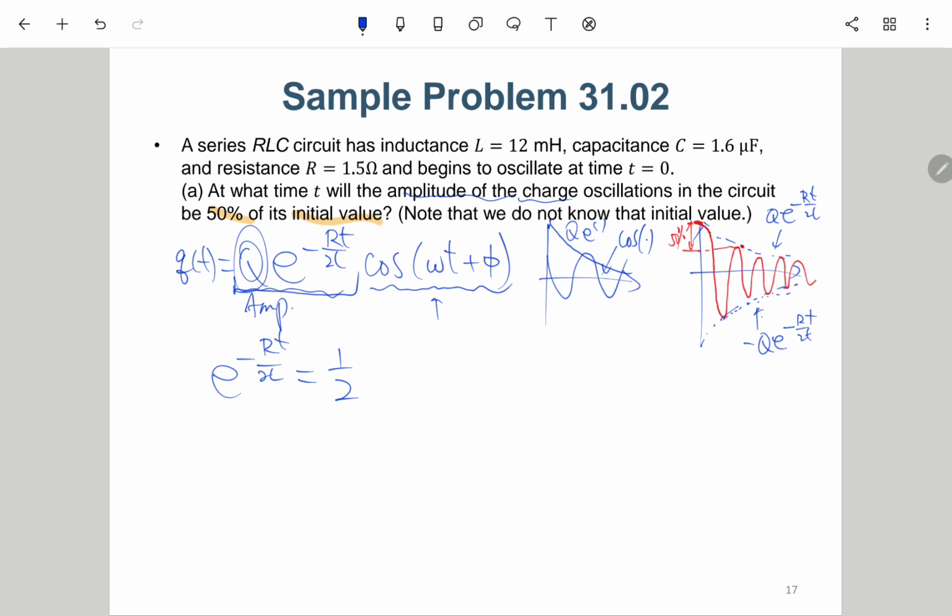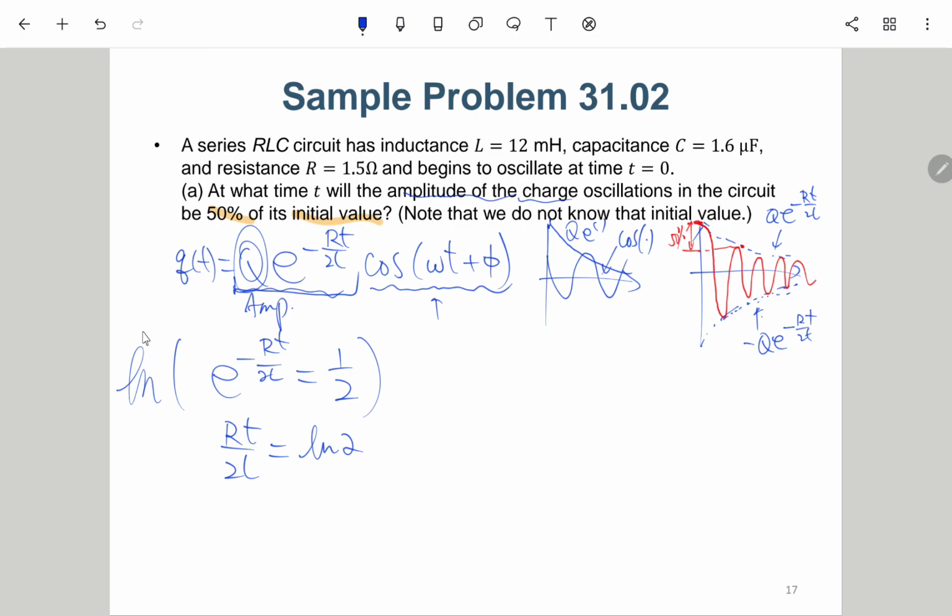So we take the log on both sides, or maybe we can take the reciprocal first and then take the log, so we eliminate the negative sign. We get Rt over 2L equals natural log of 2.